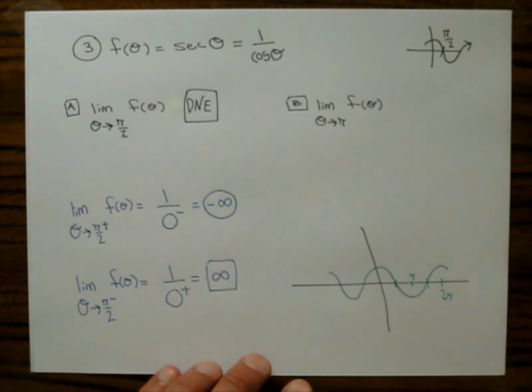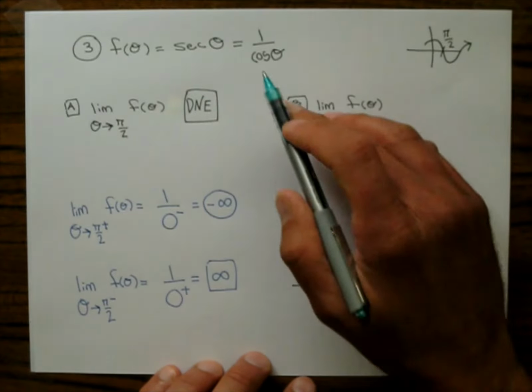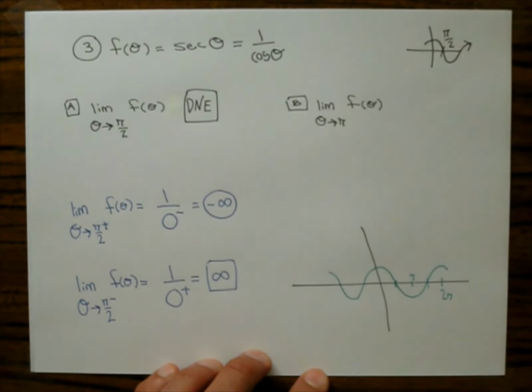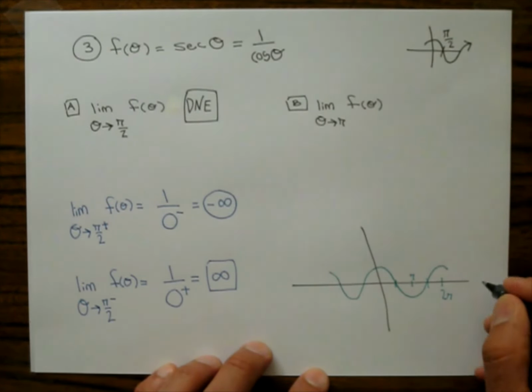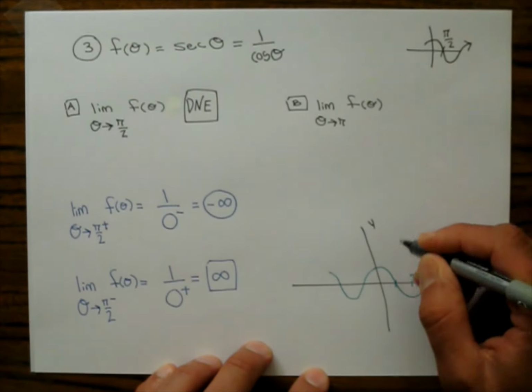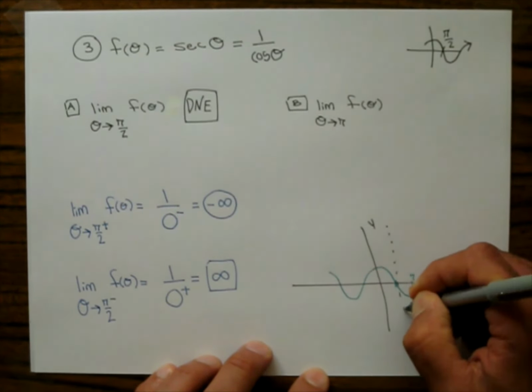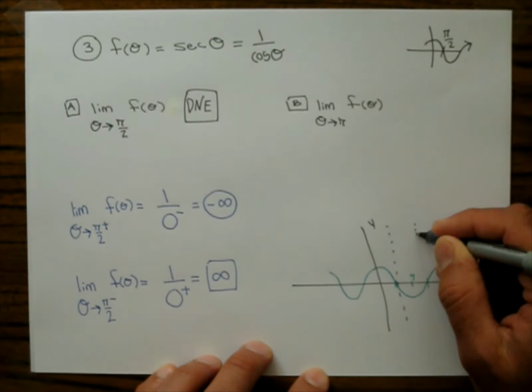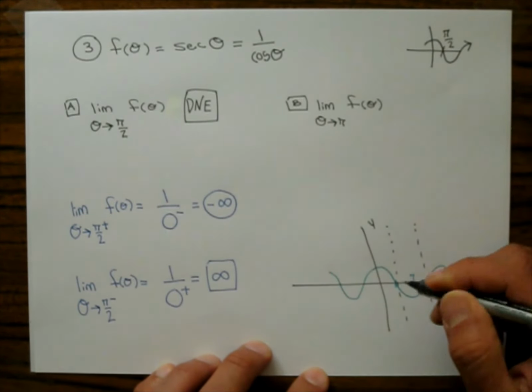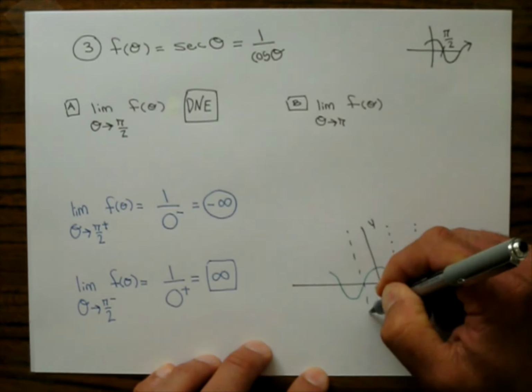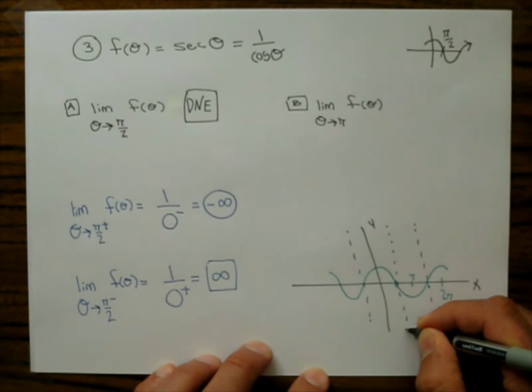Well, what the secant does, since it's 1 over cosine, and I will do the secant in black. So here's x, here's y. So all I'm doing is just recalling the graph of the secant, and this is what we're concerned with right here at x equals pi halves, or theta.